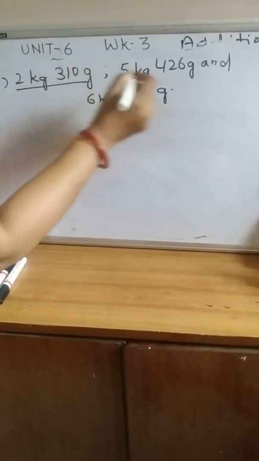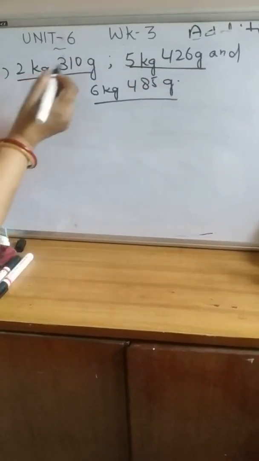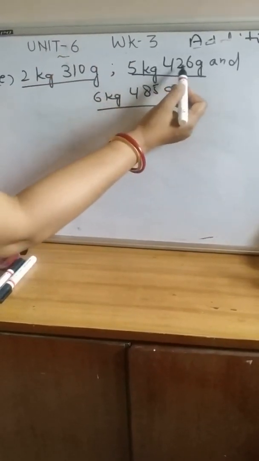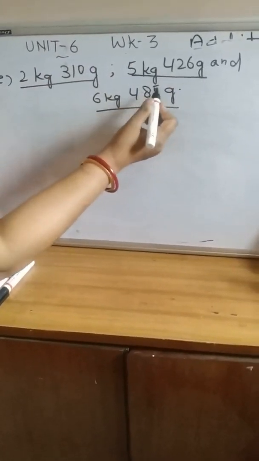Okay, 3 numbers are there. 2 kilogram 310 gram, 5 kilogram 426 gram, 6 kilogram 485 gram.